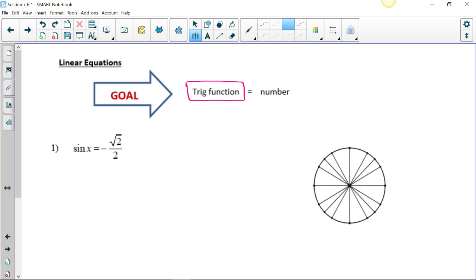All right, so for example, the sine of x equals negative square root of 2 over 2. So I'm trying to figure out x. What is x? Well, x is an angle in degrees or radians. We'll have to know which one we want.